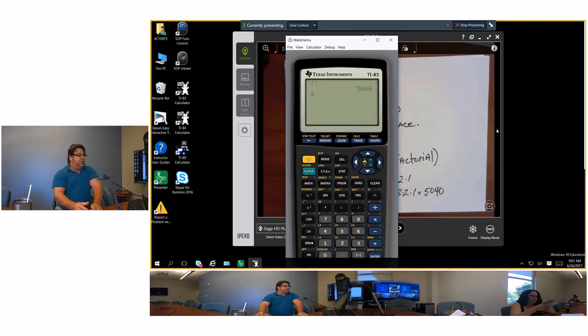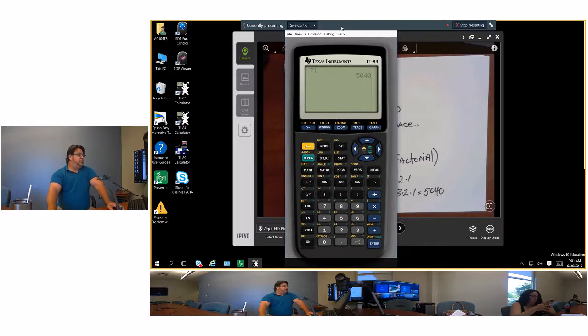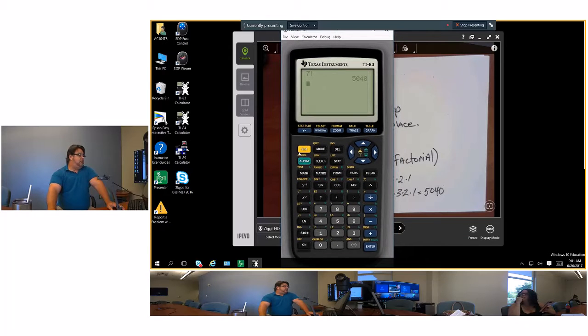Now I'm going to do 6 factorial. Watch this. This is a trick I learned during the war. Hit second entry and change that 7 to a 6. And hit enter. 720.